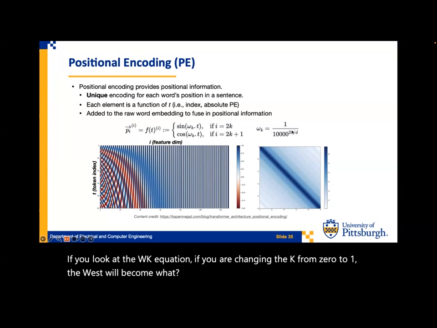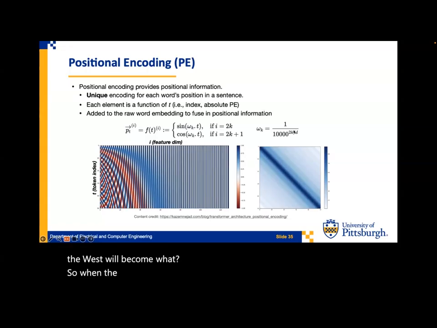So when k increases from 0 to 1, wk will decrease, right? So that means the frequency becomes slower. Does that make sense?